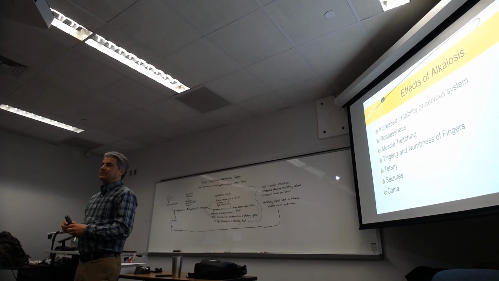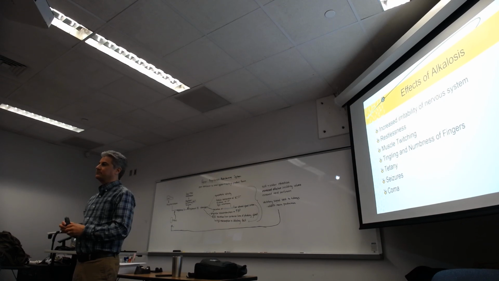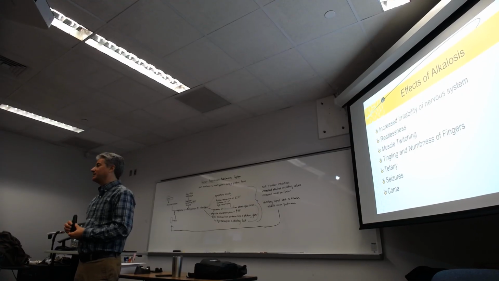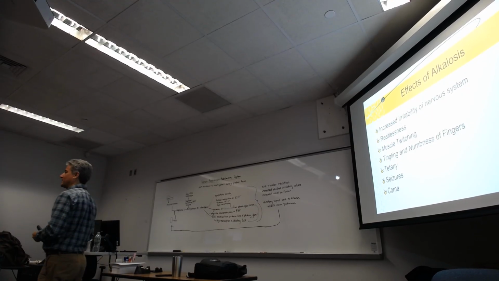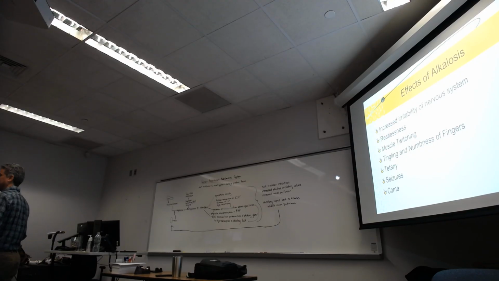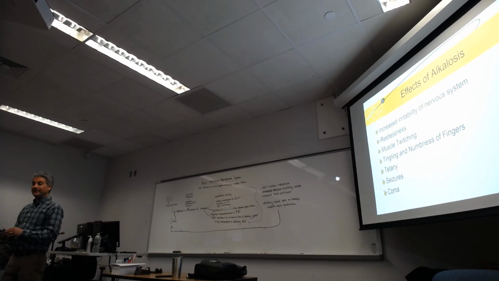Oxygen's not the problem. What's the problem? They have plenty of oxygen. They don't have plenty of carbon dioxide. How do you get carbon dioxide back in the system, aside from giving them a non-rebreather of carbon dioxide? Paper bag. Have them rebreathe, right?